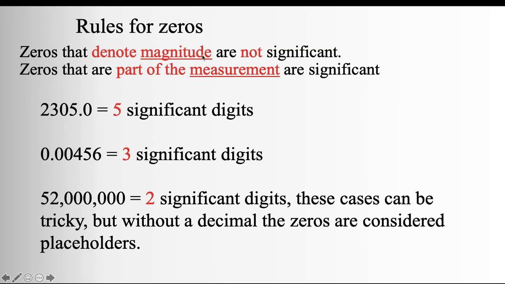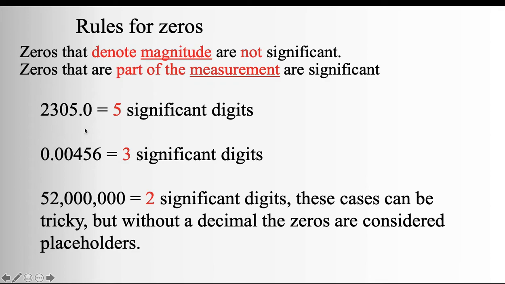Zeros that denote magnitude, that are there just for place value, holding a place, are not significant. Zeros that are part of the measurement, they are significant. So anytime zeros appear after a decimal place, or if you have a decimal place right after the digit, that means that those zeros are significant.